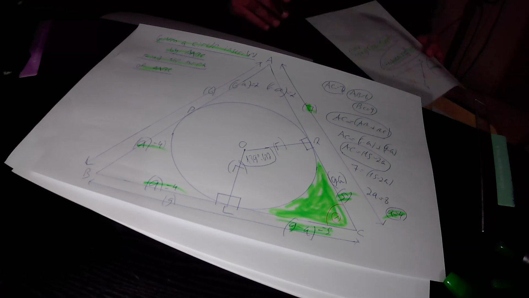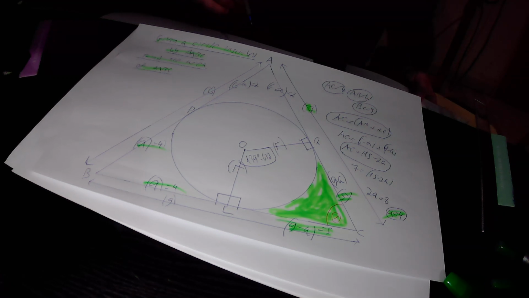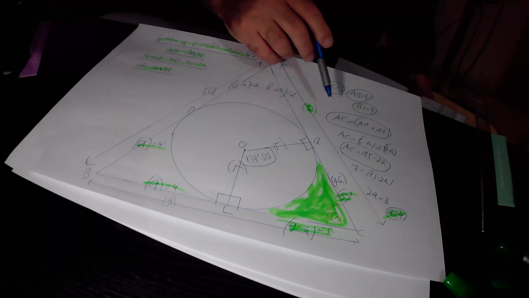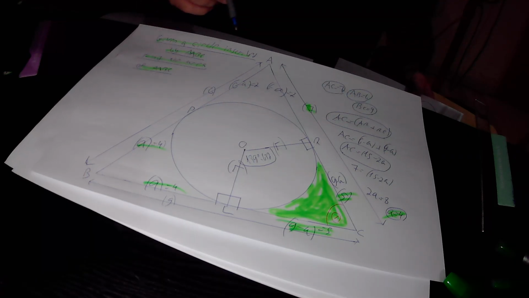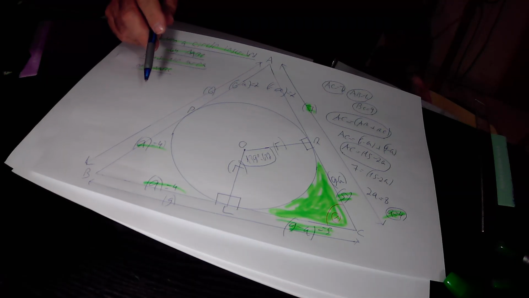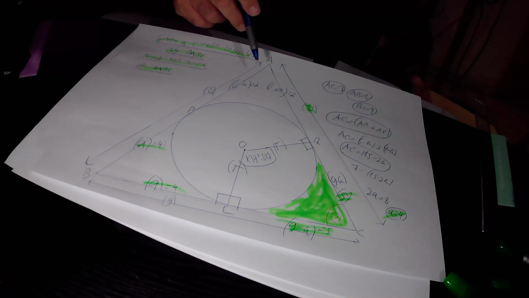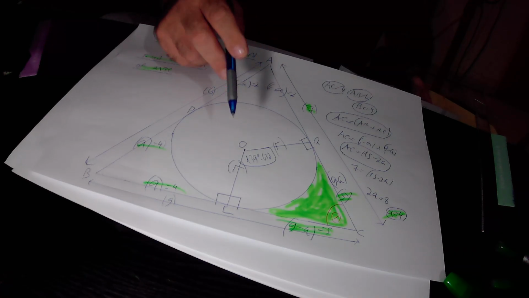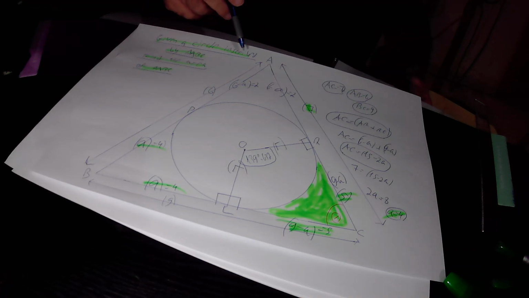But before that, what is the semi-perimeter of this triangle ABC? The semi-perimeter of any triangle equals the perimeter over 2. That is to say, it is equal to the perimeter, that is 6 plus 7 plus 9, the side lengths of the triangle ABC, divided by 2.